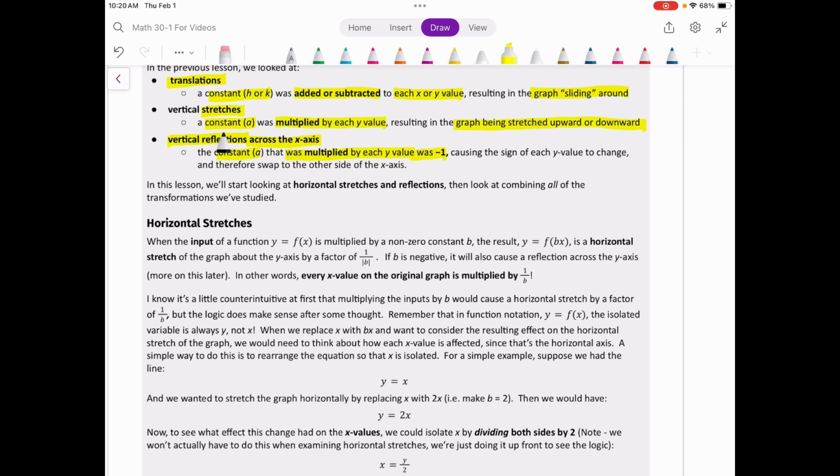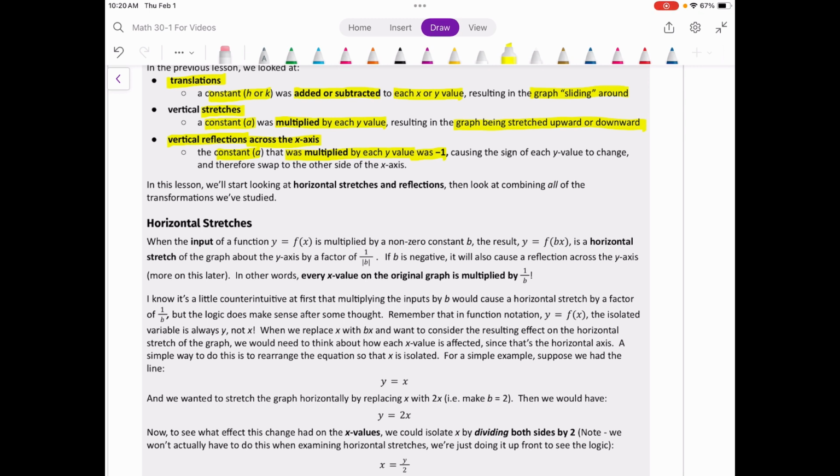We'll start to see today cases where we do both a stretch and a reflection. So most of the ones we've looked at, if a was negative, was just -1, so that we didn't have both a stretch and a reflection occurring. But we'll start to see things where a might be -3 or -4. And that's still a reflection. It just means not only was it reflected, it also then got vertically stretched.